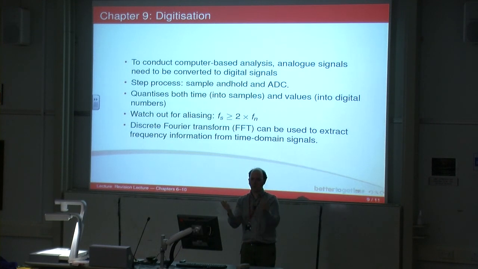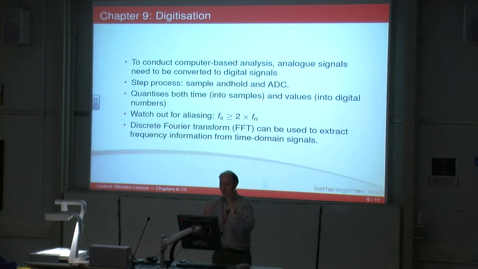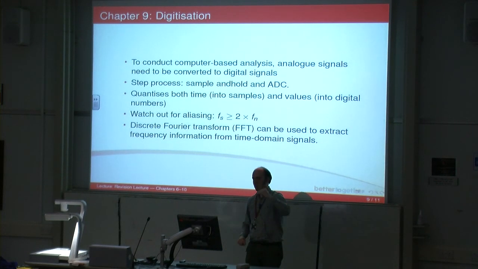What happens between doesn't really matter. So that's the sampling bit. And then for each of those values that it's picked at those two points, it needs to find a value on the digital scale, a particular value that it's closest to, and that's the ADC bit. Again, that will be fixed at a certain integer value. Between integers, it can't really deal with, so it'll move it to one or the other.